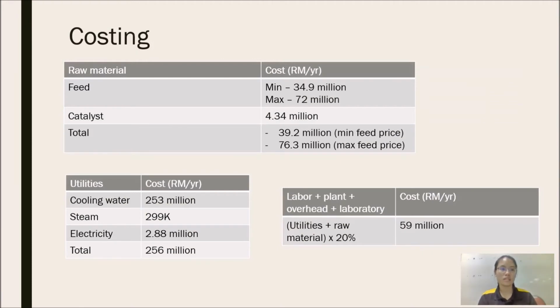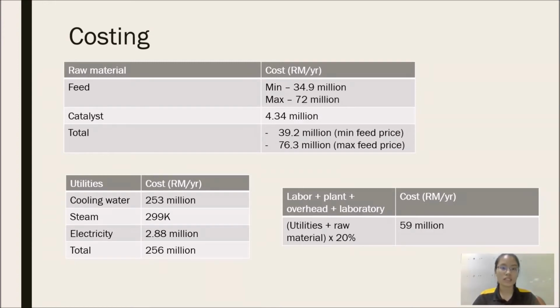Now I proceed to costing. This is the overall costing that I've calculated. For raw material, our feed natural gas, we have done research and estimated the cost of the feed for the next 20 years. We conclude that the maximum cost fluctuation will be 72 million and the minimum cost will be 34.9 million ringgit per year.